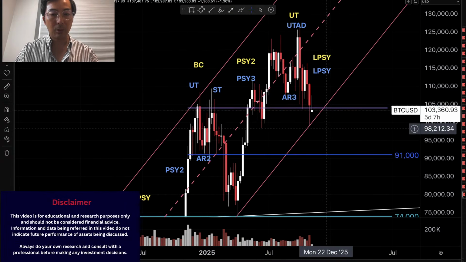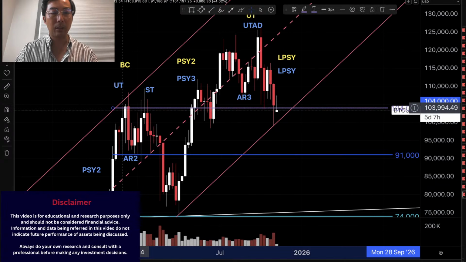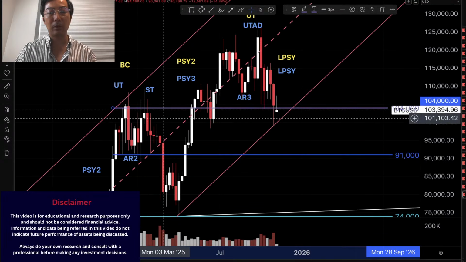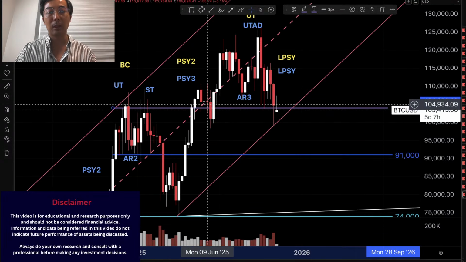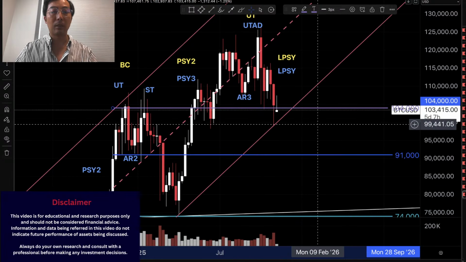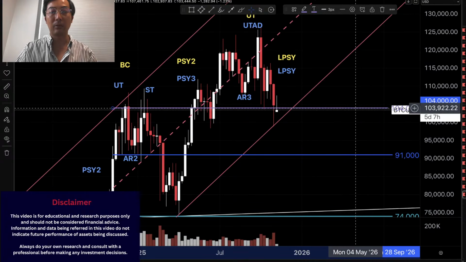So if you look at what happened over here, that's where the upthrust in the blue scenario was. Likewise for the second test, both around those levels, and the subsequent candlesticks also touched at around this particular level. And that's where we are now, sitting right underneath that key level.